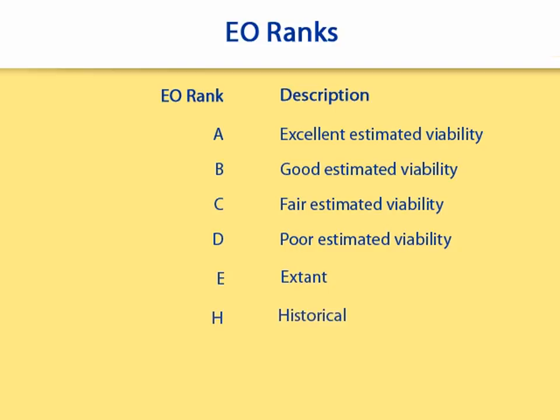At least 20 to 40 years is the usual time frame used. F means a historical EO was searched for but not found, failed to find. And X, or extirpated, is reserved for cases where an EO was not only not found, but there is documented habitat destruction or other evidence of eradication.